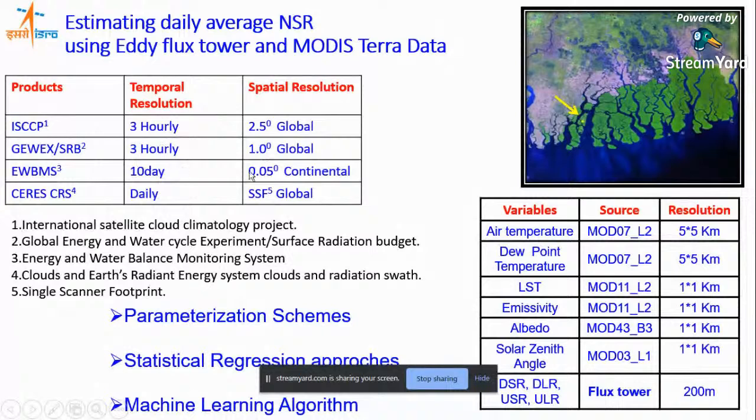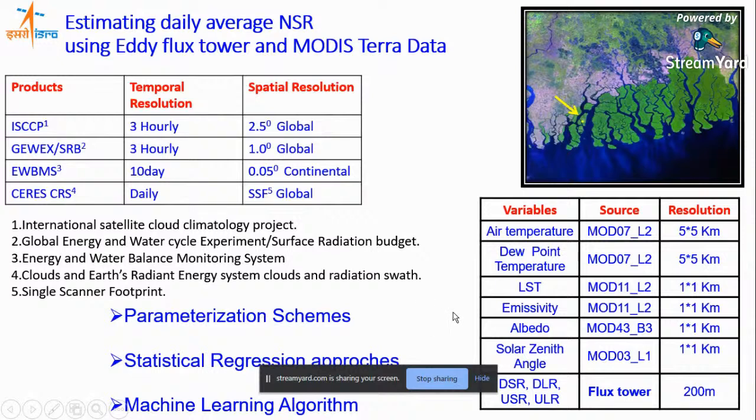We made one more attempt, because these spatial resolutions are not useful for the models to use. So we made an attempt by using different basic satellite products to estimate this net surface radiation at 5 kilometers spatial resolution and every half an hour temporal resolution. That I am going to present now.